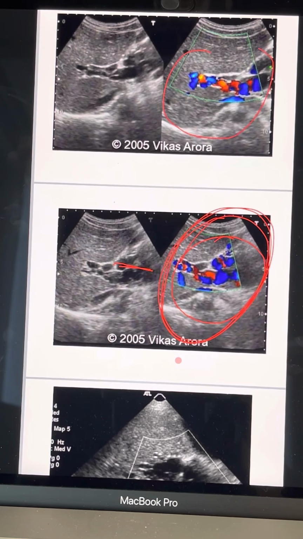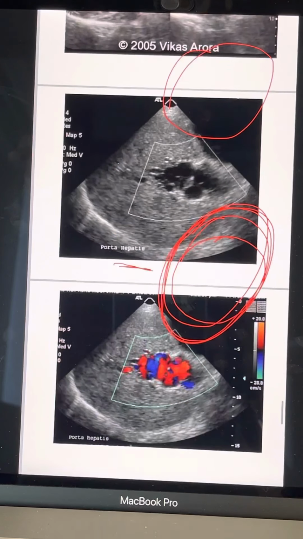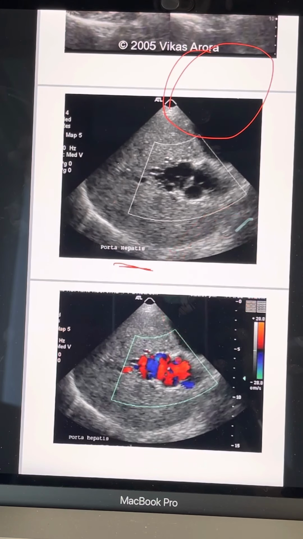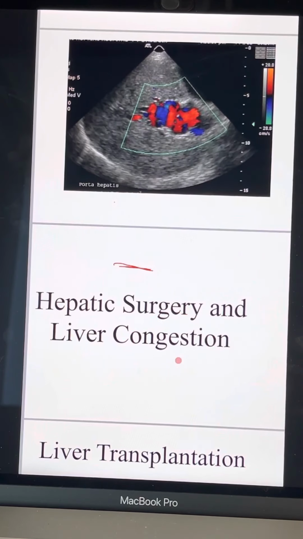So you see something like this or something like this, that's a cavernous transformation. In 2D, you are going to see anechoic circles or anechoic vessels. When you use color, you are going to see a good amount of color with cavernous transformation. So all those were with thrombosis.